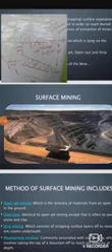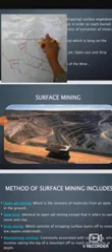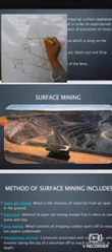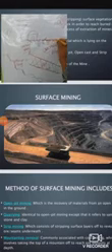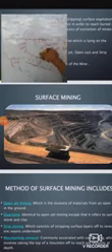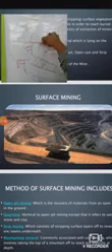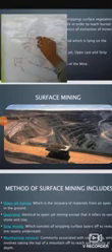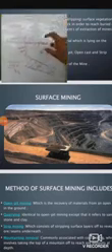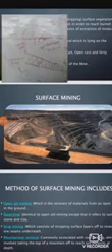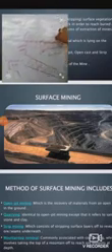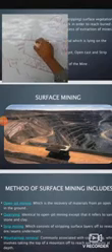How do we remove this material? Suppose this one is our surface, we drill a hole using a drilling machine. We drill the hole up to a particular length, and in this hole we put an explosive, and after putting explosive we blast it.